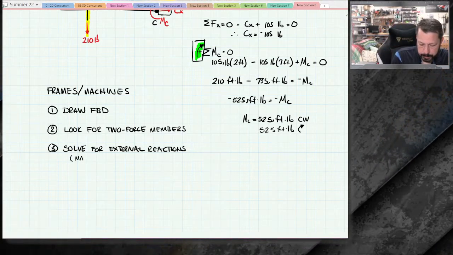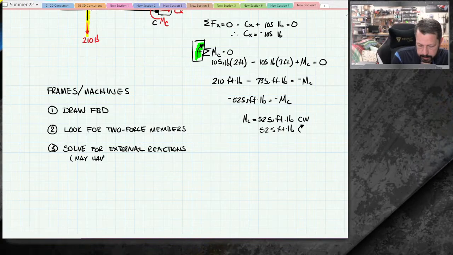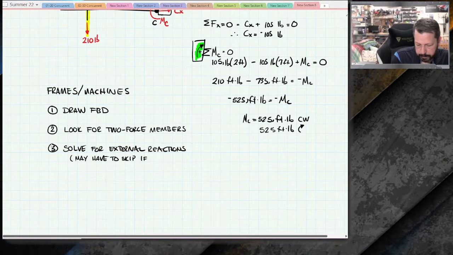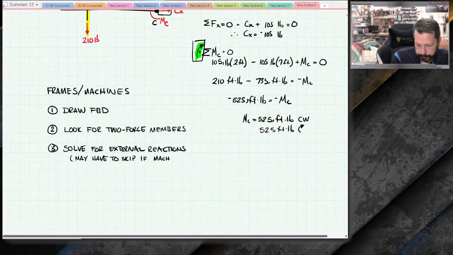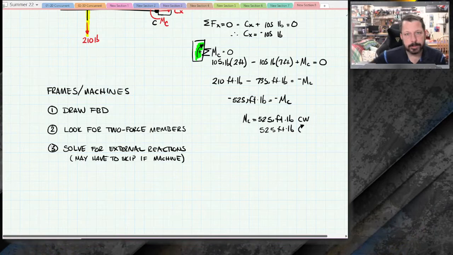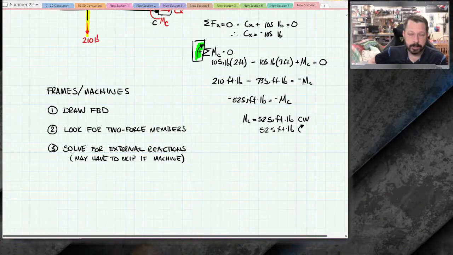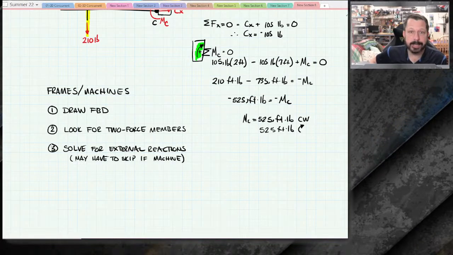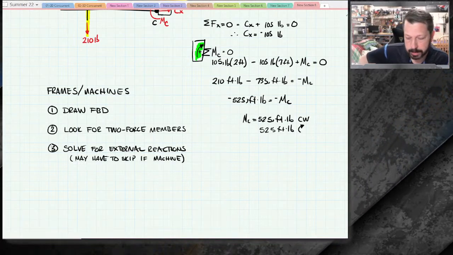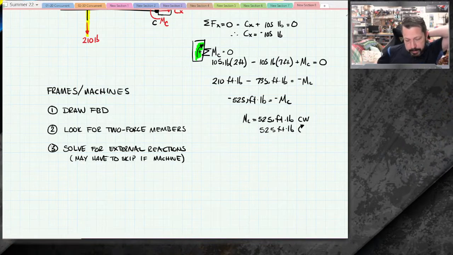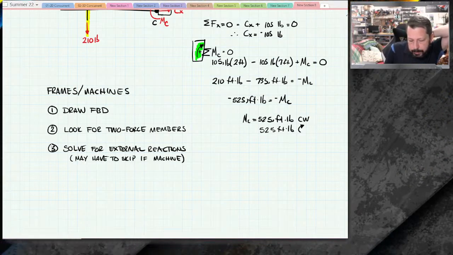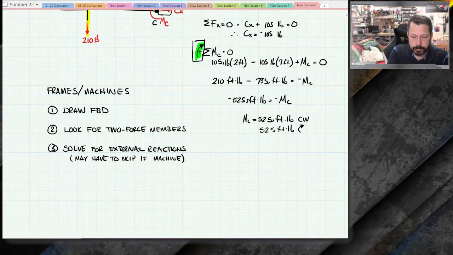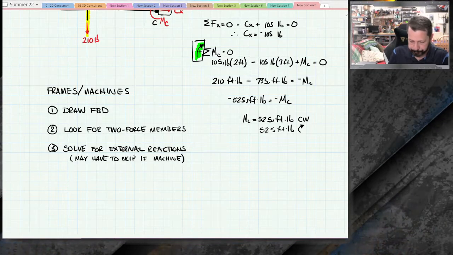You may have to skip if machine. And you'll know because there won't be any way to solve for the external reactions, or that's what the problem is even asking you to do. That problem is asking you to solve for these external reactions, or they're already given. So if it's a machine, you may skip the external reaction solving. But ours was a frame, so we did find our external reactions.